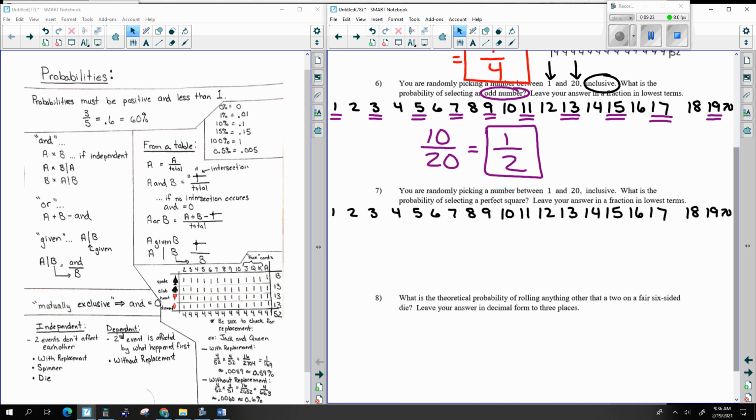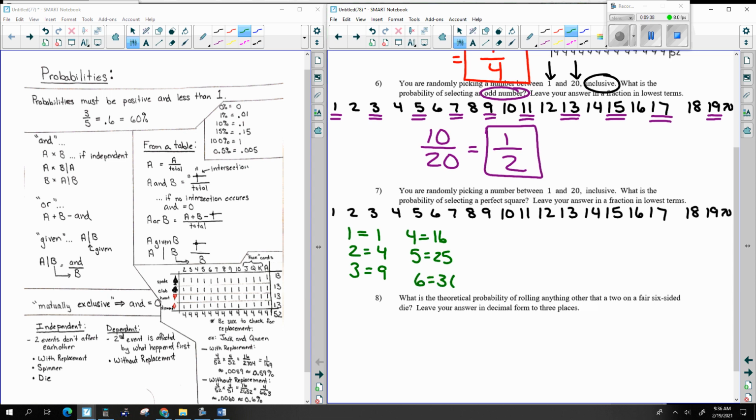What a perfect square is, numbers that are squared. So 1 squared is 1, 2 squared is 4, 3 squared is 9, 4 squared is 16, 5 squared is 25, 6 squared is 36, etc. These are perfect squares. So what is the probability that I'll randomly select a perfect square from 1 through 20?